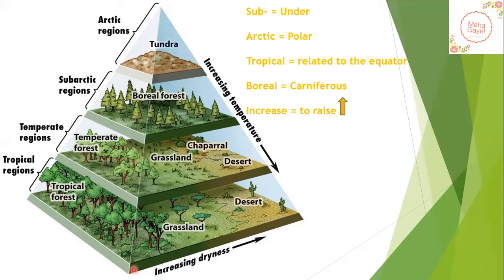And what about the rainfall? The amount of rainfall. It seems like here there are many green areas, green forests, green trees, etc. So as we are walking in this direction, what is increasing? Dryness, which means the dryness increases.